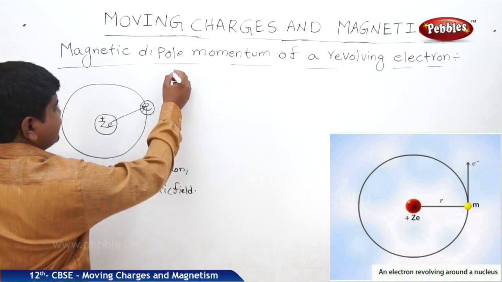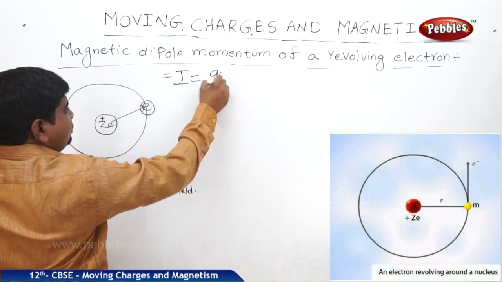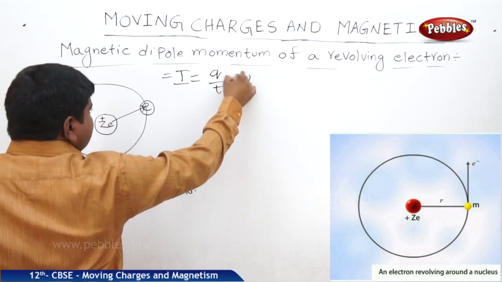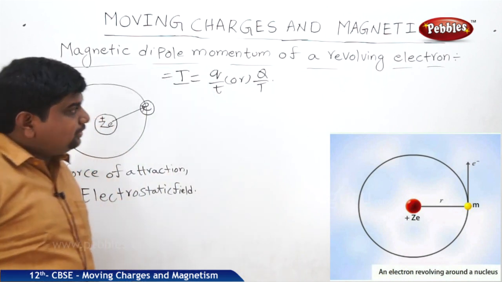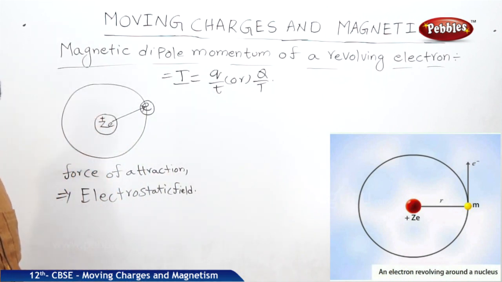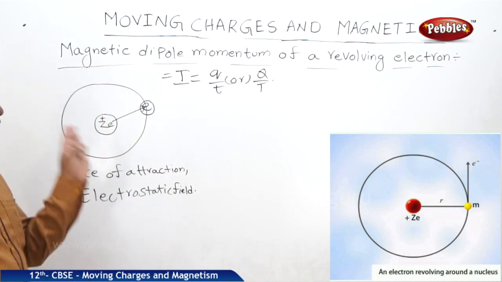So what we can understand is, we know that electric current is equal to Q by T, or capital Q by T for a single charge small q, total charge capital Q. Here, what is the charge of the electron which is revolving around the nucleus? Small e.